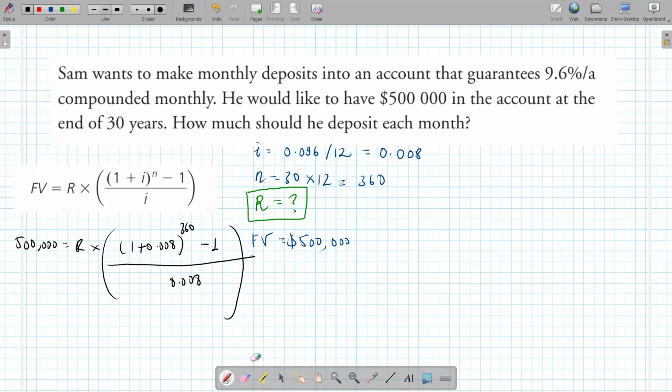Close bracket, like that. How do we solve this for R?